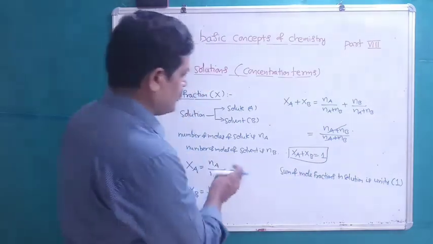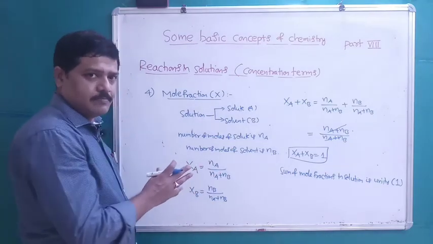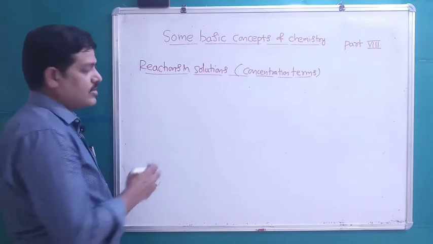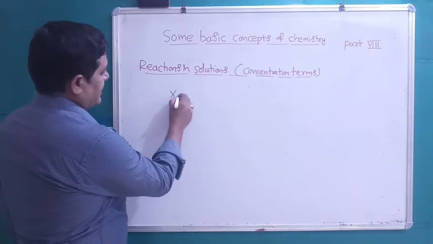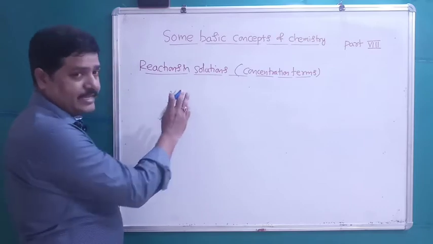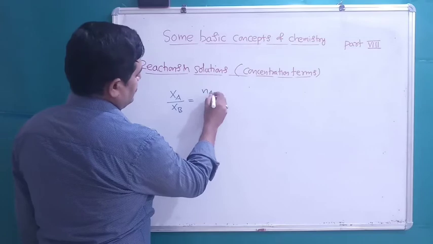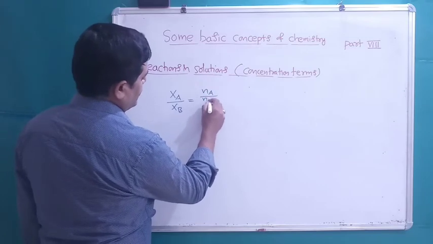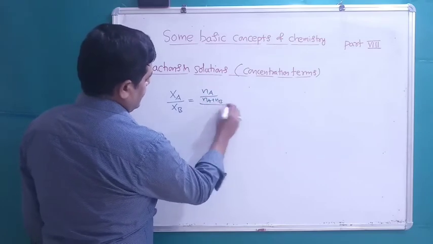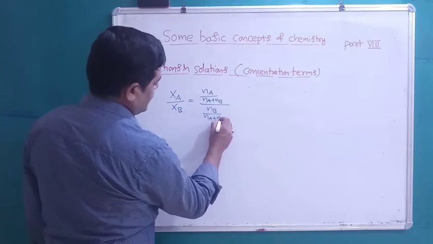So students, one more relation, that is XA by XB, is also important for us. Let us take XA by XB. XA by XB is equal to XA value, Na by Na plus Nb, divided by XB value, Nb by Na plus Nb.